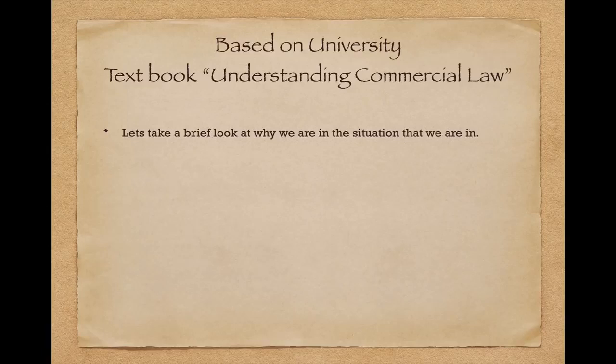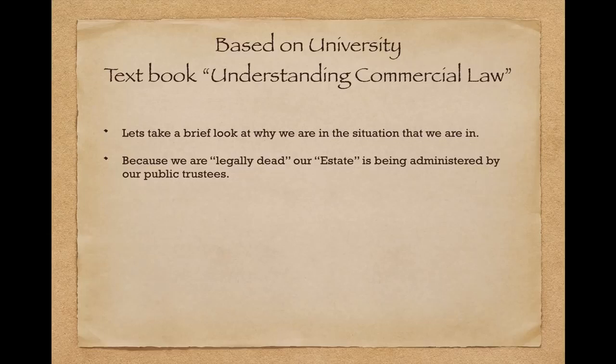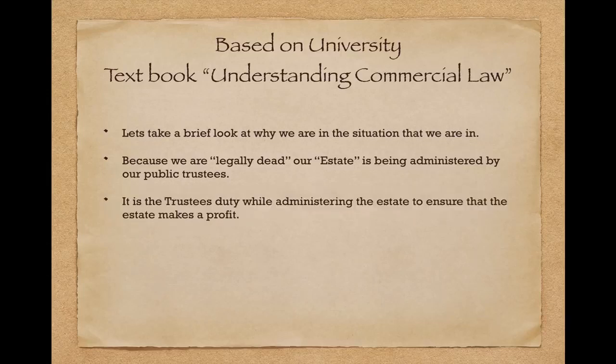Let's take a brief look at why we are in the situation that we're in. Because we are legally dead, now we covered this very early in this presentation, our estate is being administered by our public trustees. Okay, now we have to understand that it is the trustee's duty while administering the estate to ensure that the estate makes a profit.